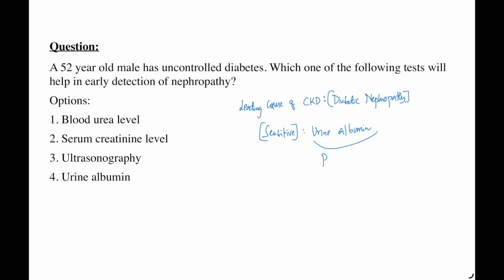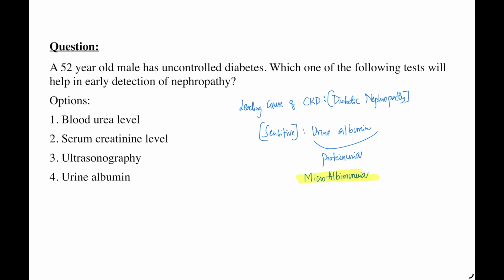If there is proteinuria, then you have to do a definitive test to confirm. If there is elevated albumin, that is proteinuria, this proteinuria is not in the nephrotic range. Actually this is in the micro range, so they call it microalbuminuria. The exact term is that micro levels of albumin are passed in the urine.